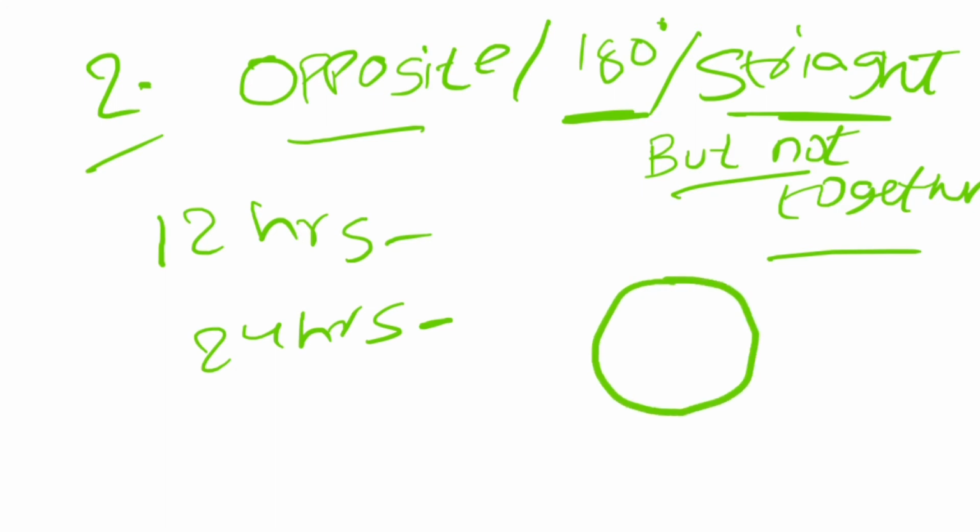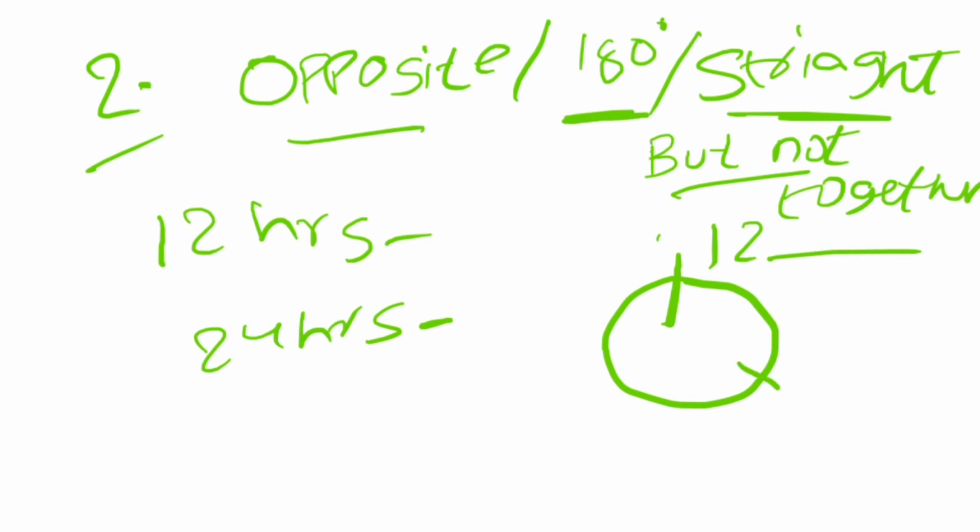For example, this is a clock, this is 12, and 5 means like this. When the minute hand is at 12 and the hour hand is at 5, both hands start moving like this, from 5 to 6, like that they will be moving.